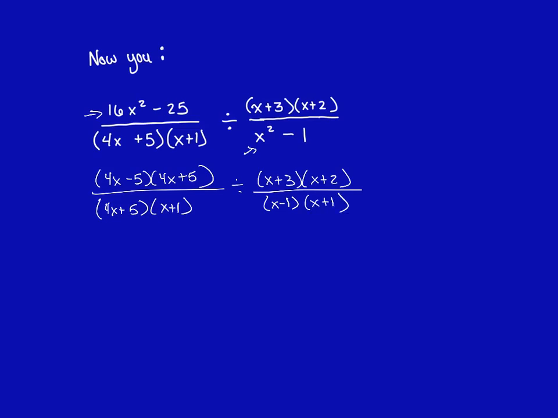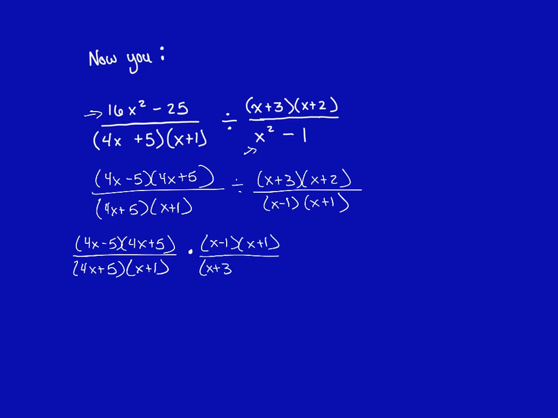Okay, so now we got it factored, so we're going to do keep it, switch it, flip it. So keep the first one, 4x minus 5, 4x plus 5 over 4x plus 5, x plus 1, times, switch it, x minus 1, x plus 1 over x plus 3, x plus 2.